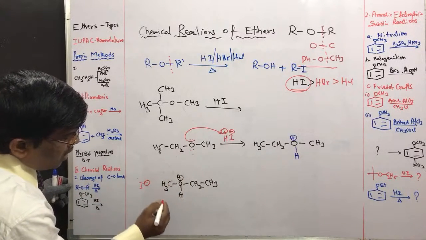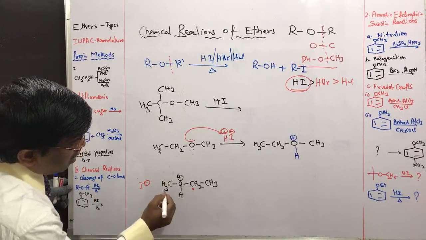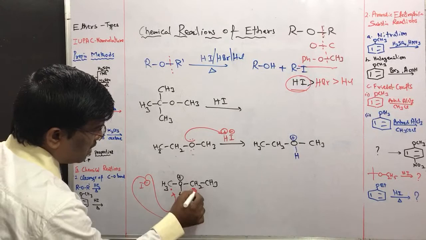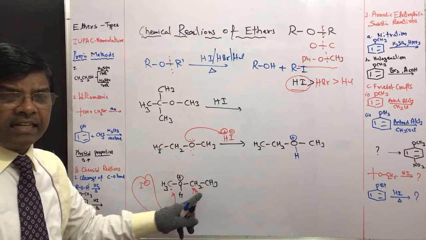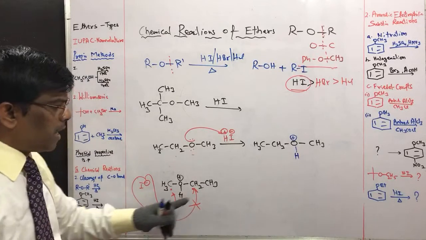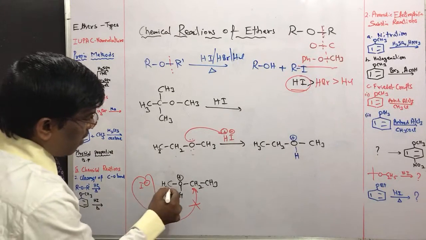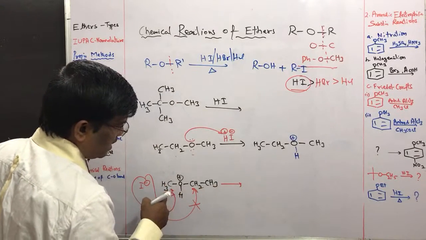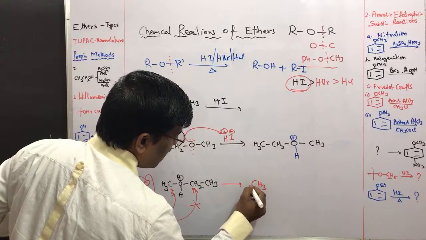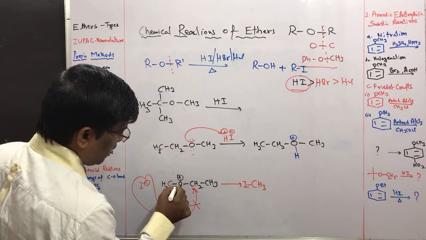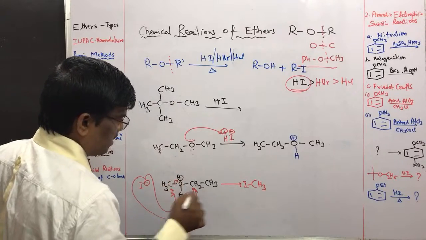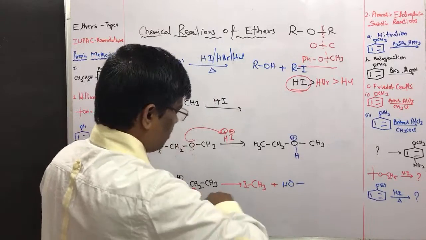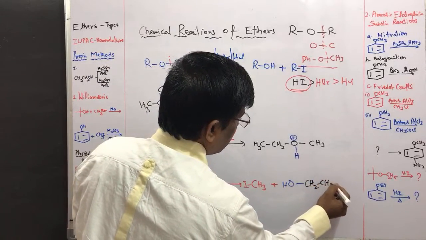The iodide can enter onto this carbon or this carbon, and it is very easy to enter this side. This carbon is hindered, right? So this carbon is very tough to attack compared to this, so easily it forms a bond with this. So this is going to come out as methyl iodide, and here it is OH, and the remaining is CH2 CH3.